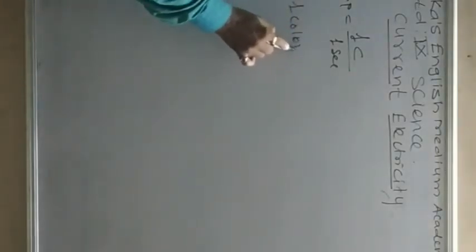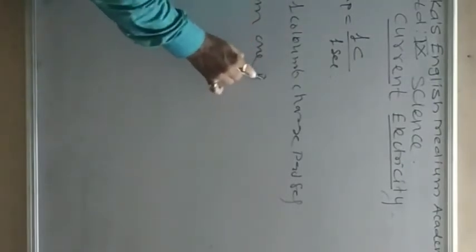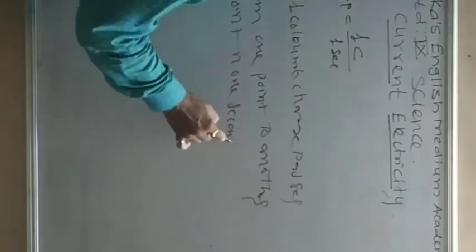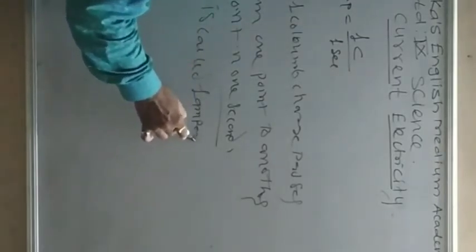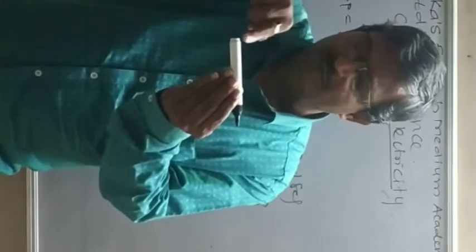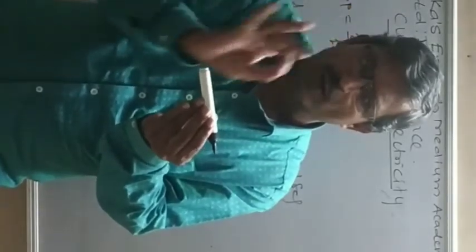How will you define 1 ampere? 1 ampere means when 1 coulomb charge passes from one point to another point in 1 second is called 1 ampere. Understand what I told? Suppose this is a conductor, then when 1 coulomb charge passes from point A till point B in 1 second, that is called 1 ampere. Okay?